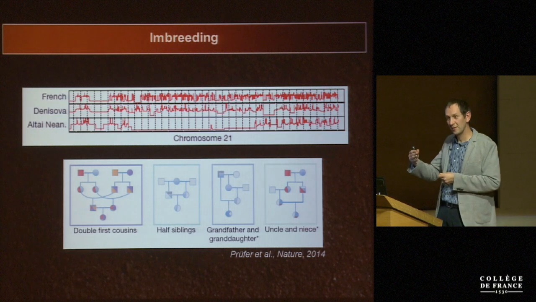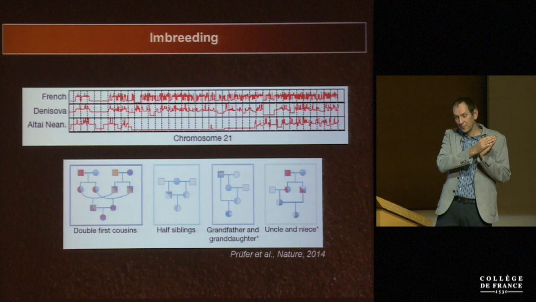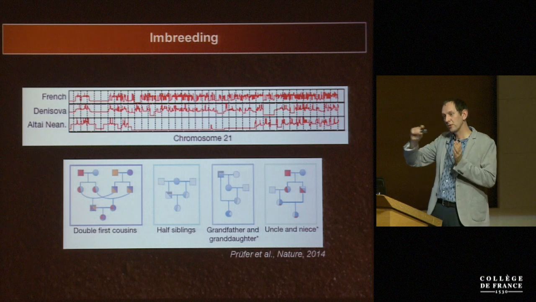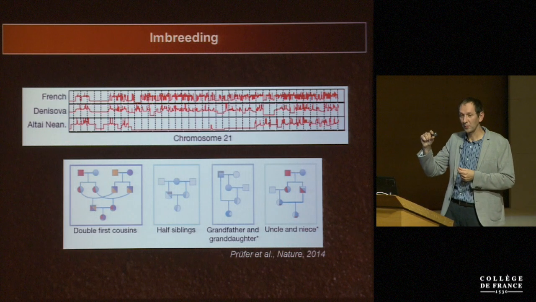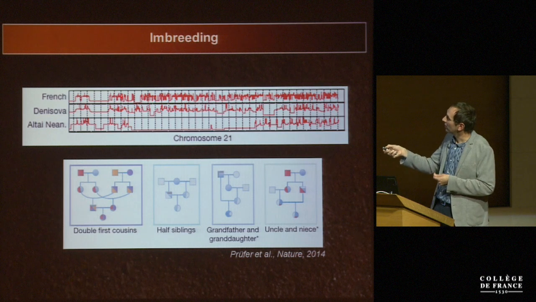And you can actually test this by checking for regions in the genome where the two chromosomes are identical. And this is what you would predict from incest. If you do this in a modern human for comparison, you will see that along the genome you do find lots of variants. If you go to a Denisovan individual, you will see the same.